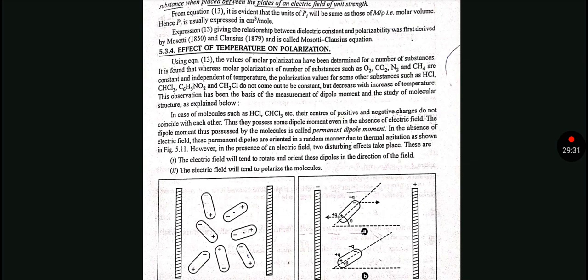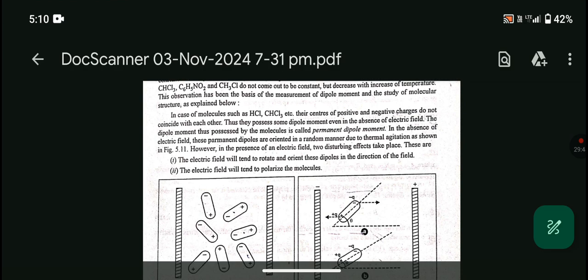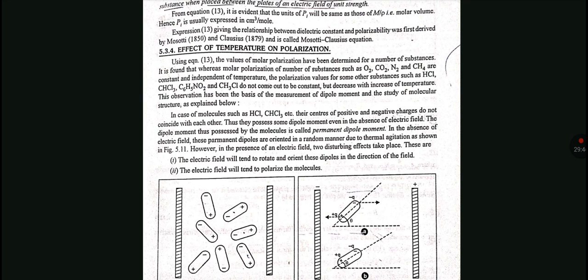Effect of temperature on polarization. Using equation 13, the values of molar polarization have been determined for a number of substances. It is found that whereas the molar polarization of substances such as O2, CO2 and CH4 is constant and independent of temperature, the polarization values for some other substances such as HCl, CH3Cl, CHCl3, C6H5Cl and CH3Cl do not come out to be constant but decrease with increase in temperature.